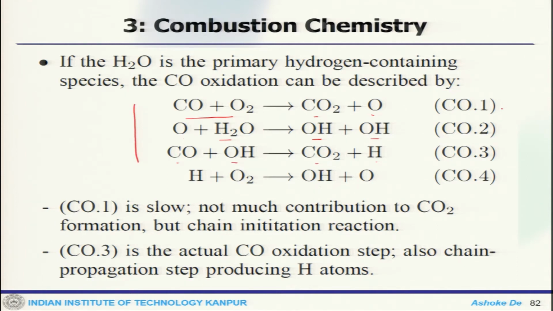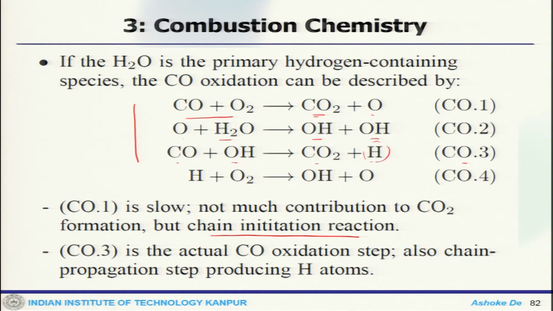Now, if you look at each of these individual reactions, the first one is slow and also contributes quite a bit of CO2 formation. One can say it is a chain initiation reaction, and the third reaction is actually the CO oxidation step. This is a chain propagating step producing H atoms.